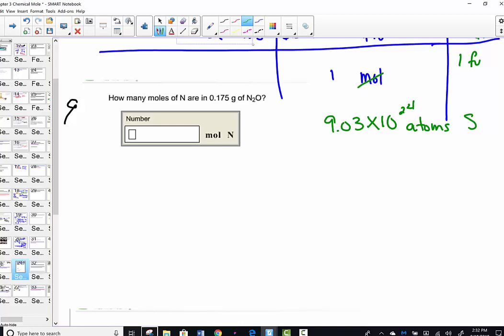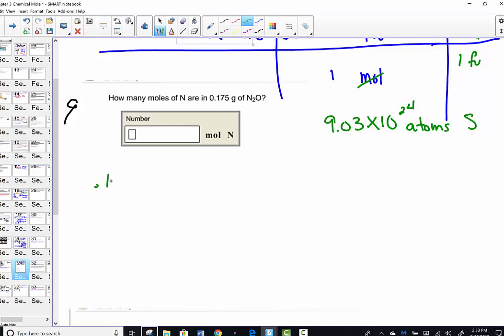What does that clue look like? What's the trigger to let me know 2 conversions? Beautiful, absolutely. What she said was it's asking about a particular atom inside something bigger, right? The bigger molecule has some N's in it, and we're going to focus on that. I call it a vocab mismatch. That's my clue that we're going to have 2 conversions.